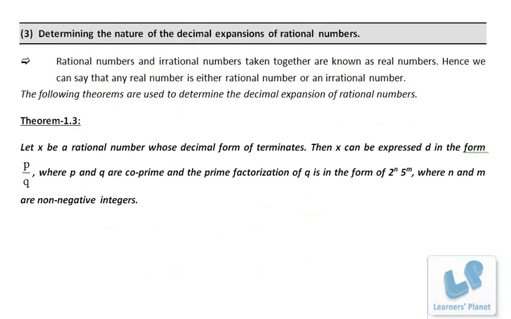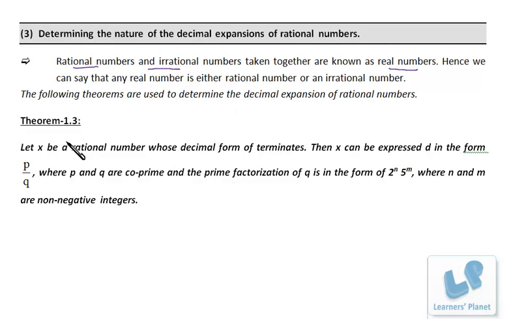Now next is how to determine the nature of the decimal expansion of rational numbers. We know the rational numbers and irrational numbers taken together are known as real numbers, which we have already discussed in the previous session. So any real number is either rational or irrational.